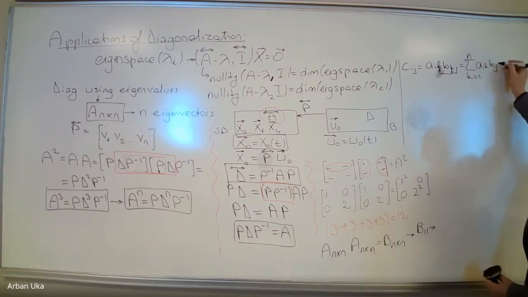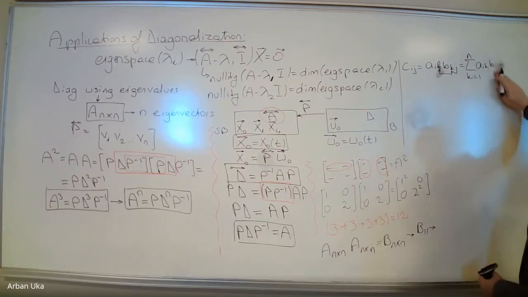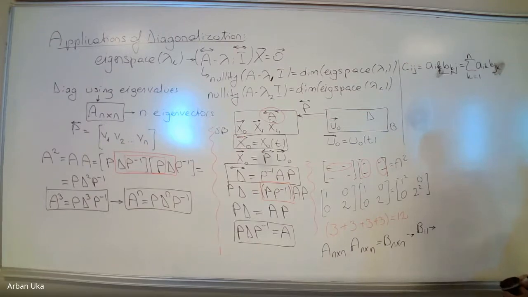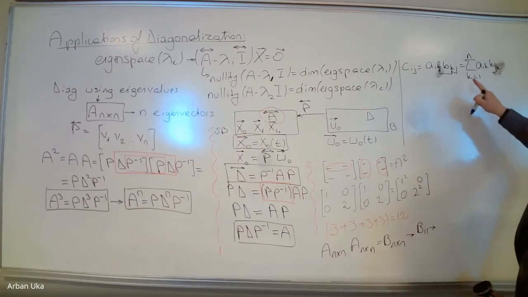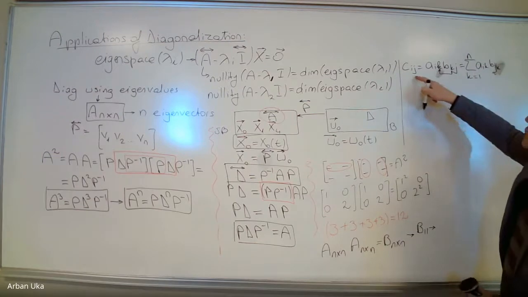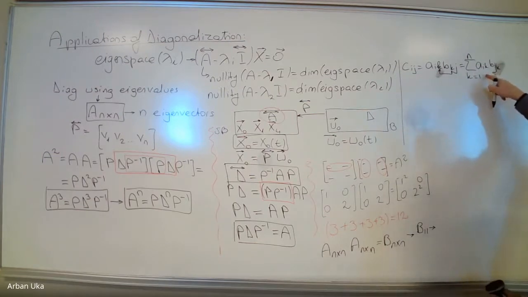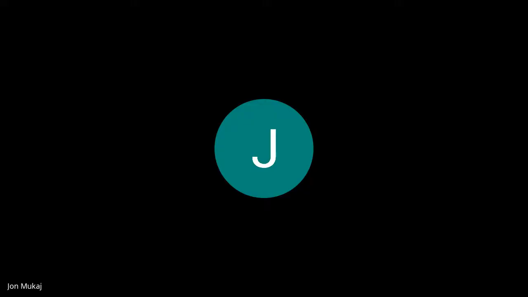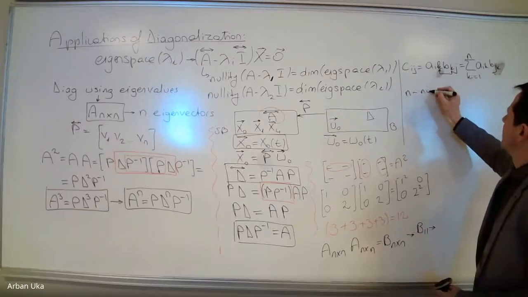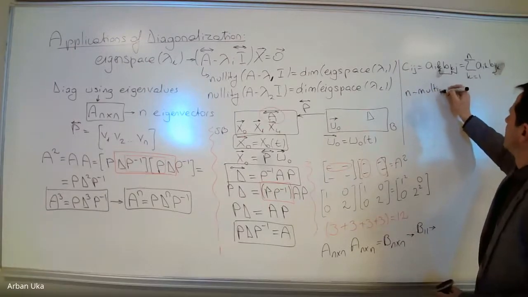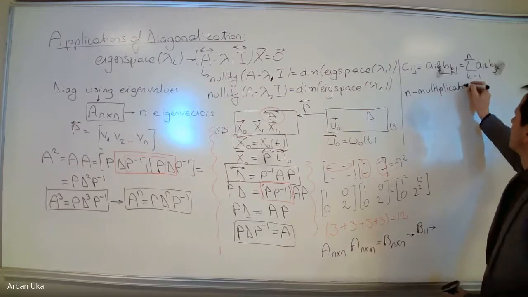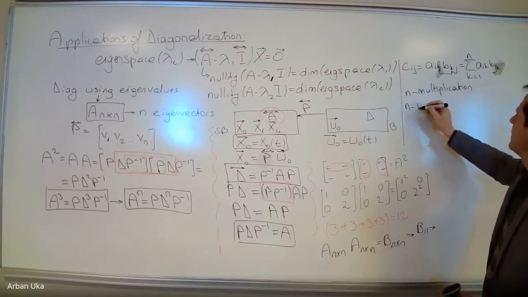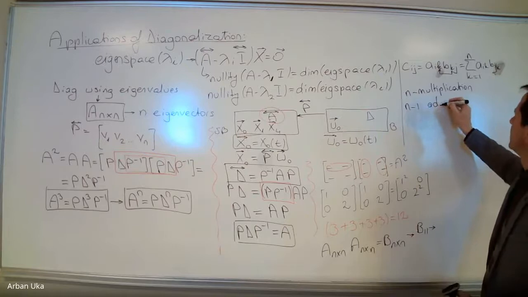So this means that if we're going from 1 to n to get each number, how many multiplications do we have? Here we have n values of k, right? So we have n multiplications. And we have also n minus 1 additions. Would you agree?